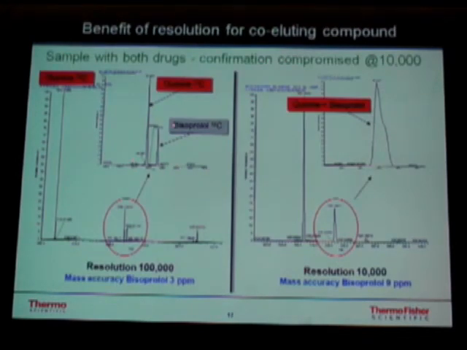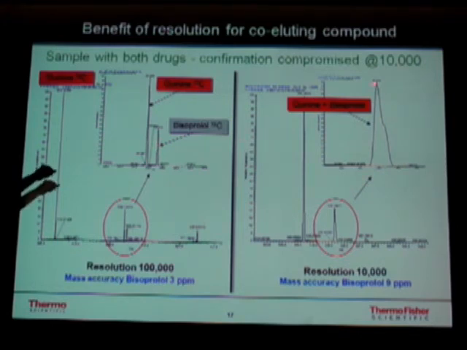So, for example, here, if you have a sample which had both the drugs, then this will be a problem, because quinine, 325.1932, this is the C13 isotope, expanded zoom region here. And if you had bisoprolol, then that appears here.